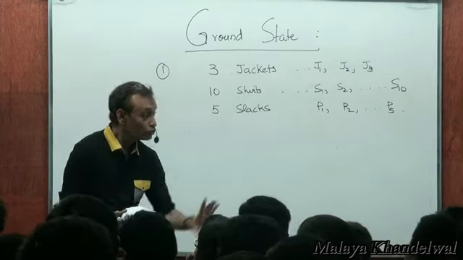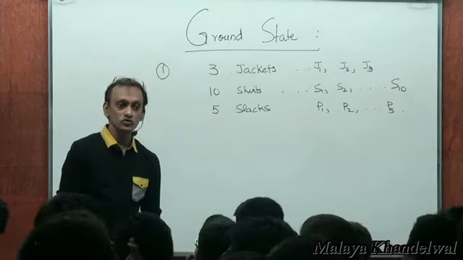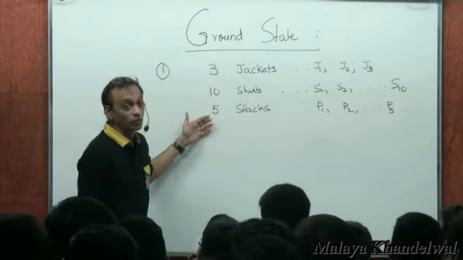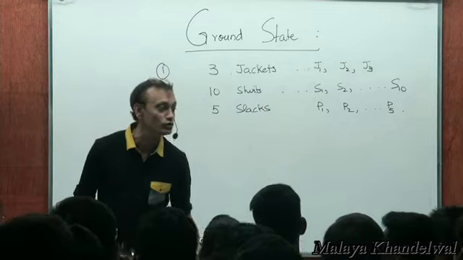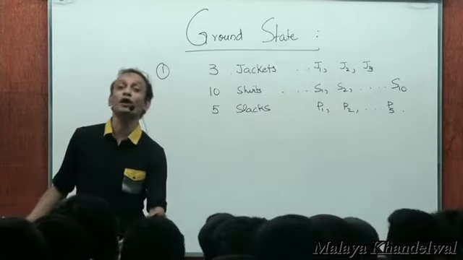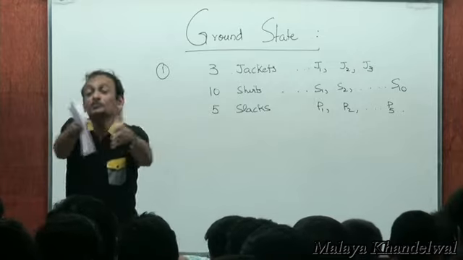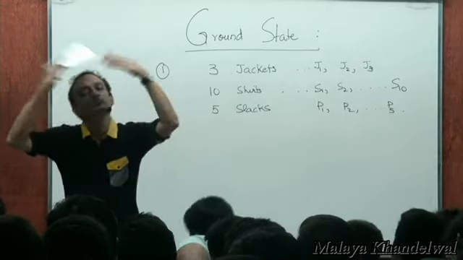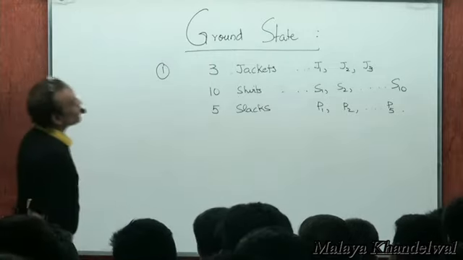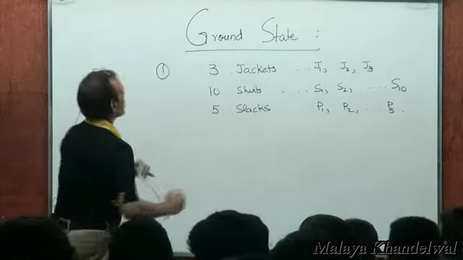Although you could argue, what if he wears 2 jackets and 3 shirts and 2 slacks? You have to be a madman to do that. I will not stop you from doing that, but while solving these problems, we will stay within the jurisdiction of normal human behavior. Okay?